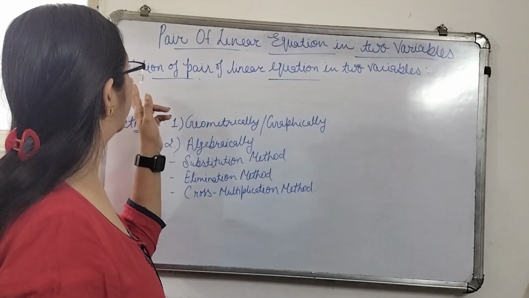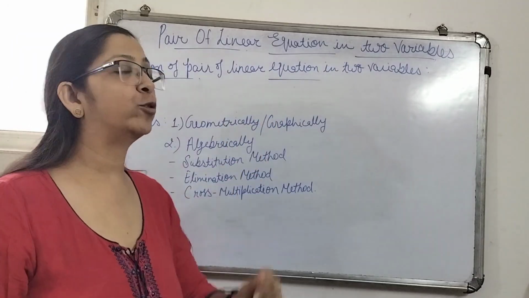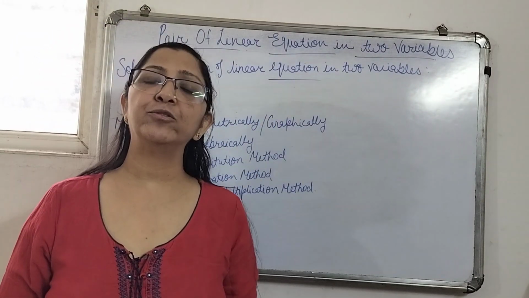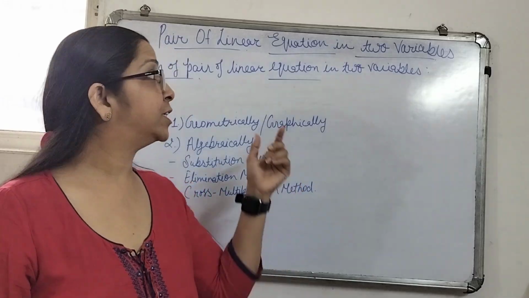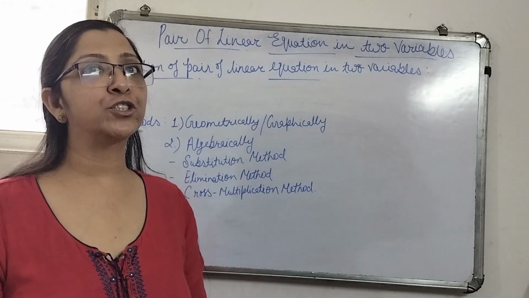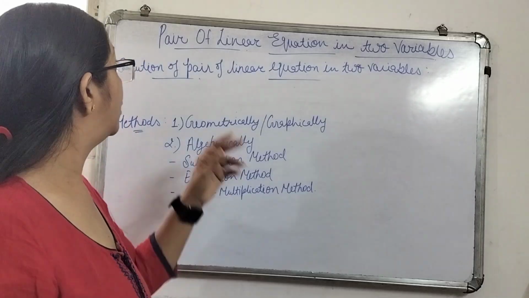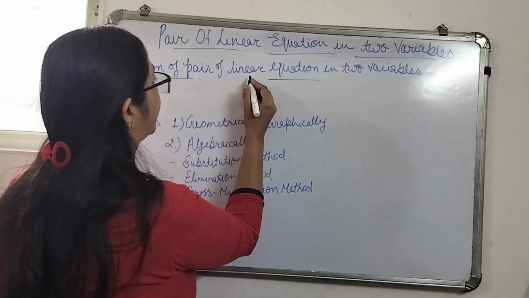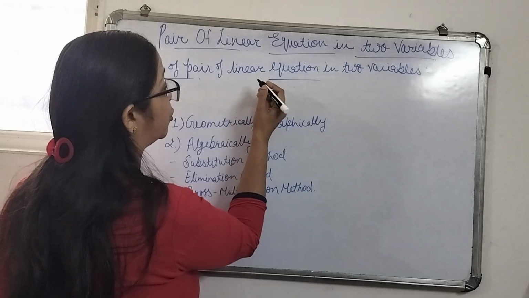Now let's see what is solution of pair of linear equations in two variables. Just now we have seen that the value of the variable for which your LHS part becomes equivalent to the RHS part is known as solution of the linear equation. Now for the pair of linear equations, we will be taking two equations in the same two variables.